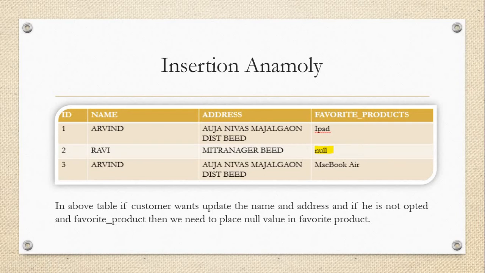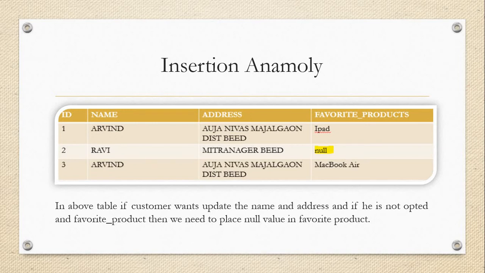Likewise, whenever we insert data, we do not expect the user or customer to enter empty data. So this will happen in insertion anomaly. So we need to place the null value in favorite product. How will we get the favorite product of that Ravi, and how will we update repeatedly? It is not that I have just 10 customers.